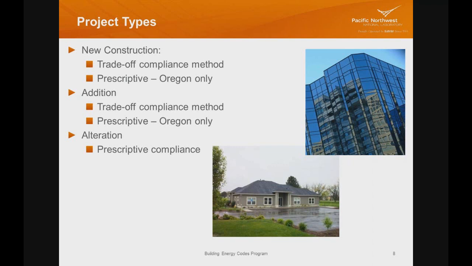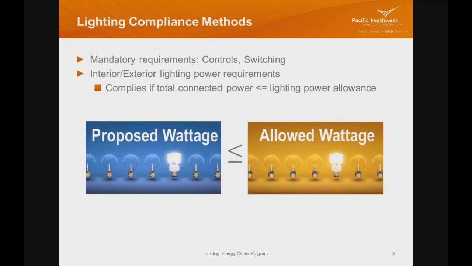For additions, we again use the trade-off compliance method, and again, Oregon has the prescriptive. For alteration projects, we simply provide the prescriptive compliance. And again, prescriptive compliance means every assembly has to meet code requirements on its own basis. There's no trade-off occurring between assemblies.